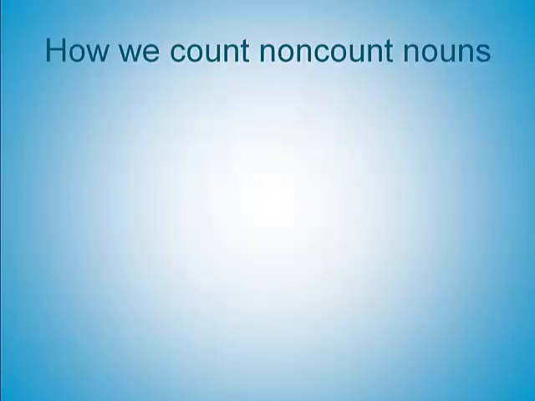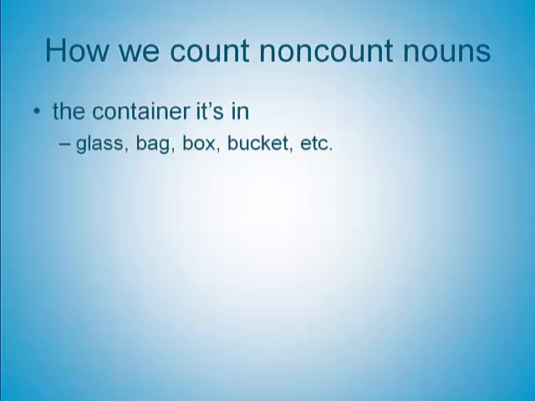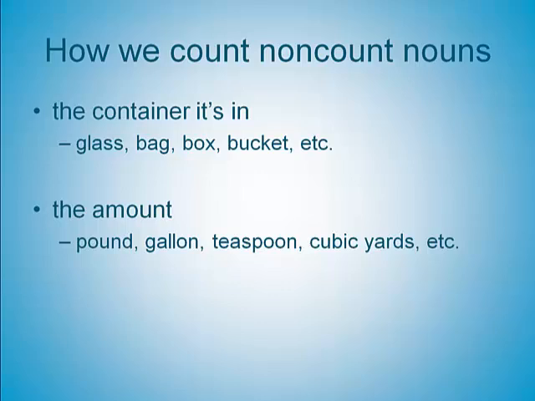So, how do we count non-count nouns? Sometimes we count the container it's in, like a glass or a box or a bucket or whatever. Other times we measure it and we count by the amount, like gallons or liters, cubic yards or cubic meters, and so on.